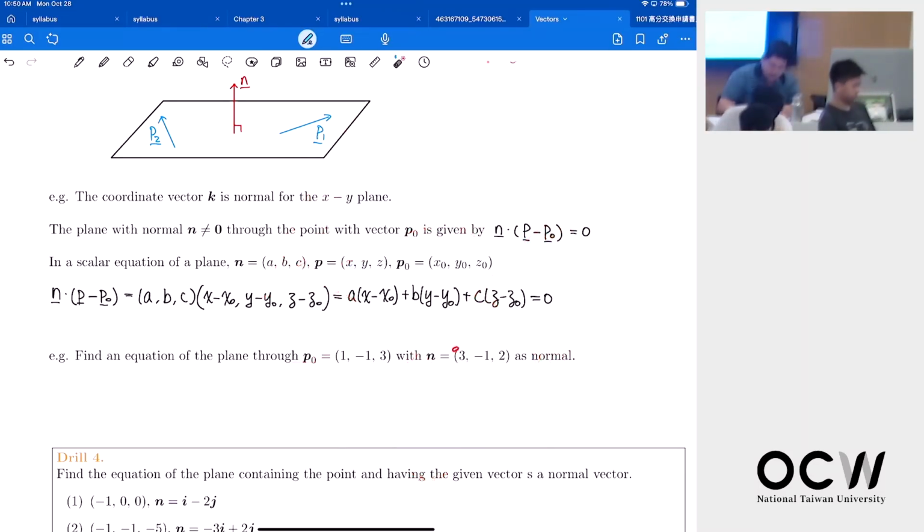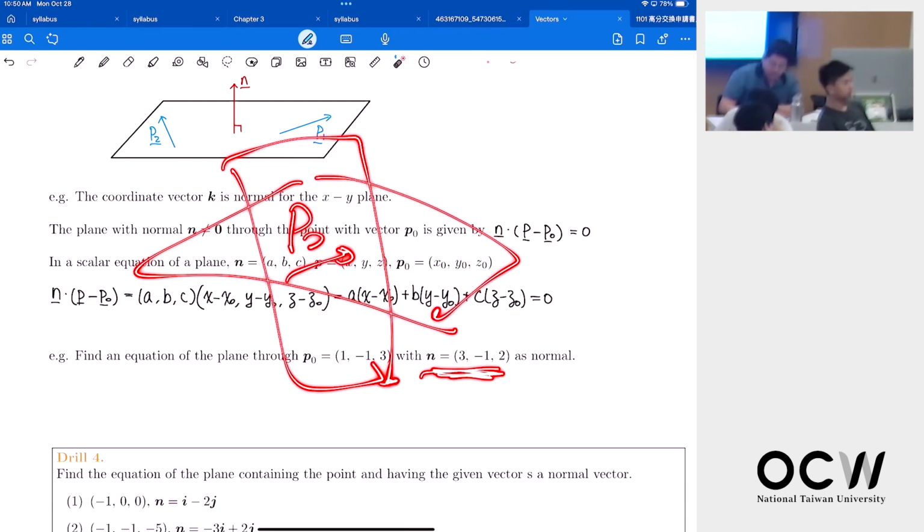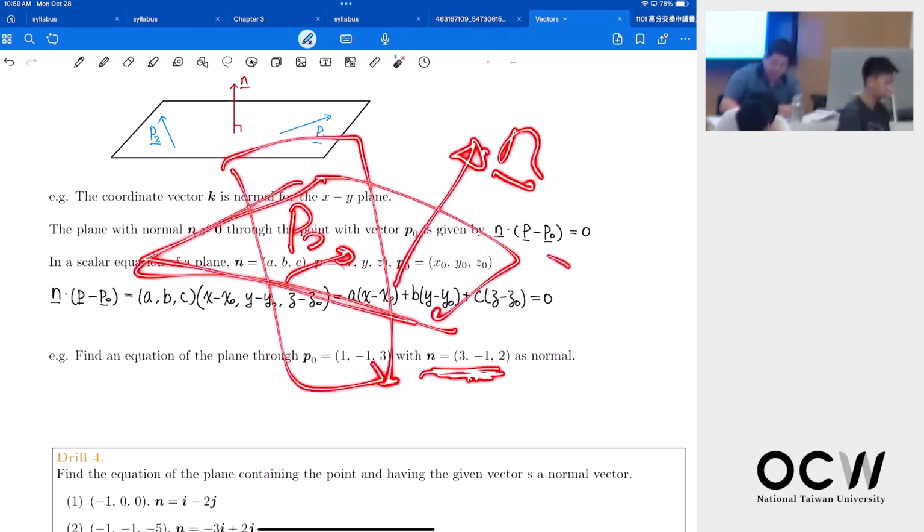And because this is P naught, I may have a plane like that or a plane like that, but I want the normal vector to be (3, -1, 2). So this is my normal vector. Then I need to find that plane satisfying this.